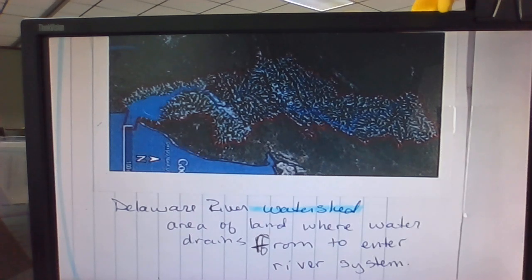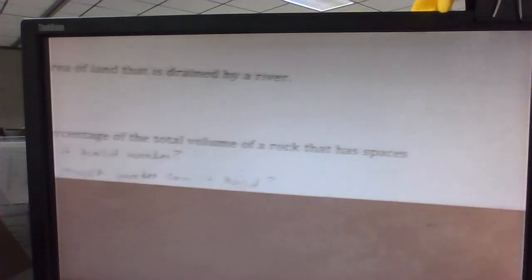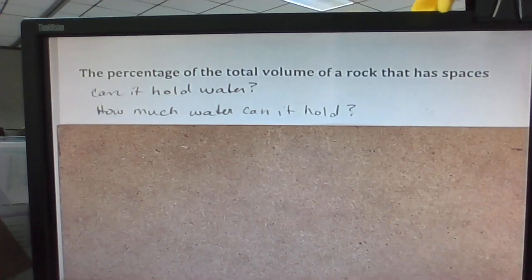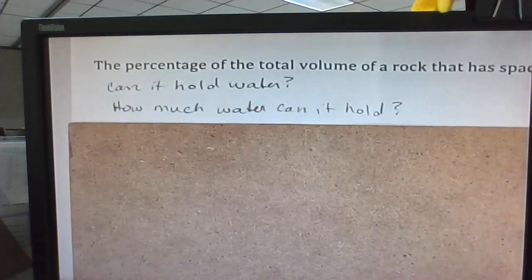So rocks can have pores, they can have spaces as well. When you're calculating or looking at the value of porosity within a water or soil sample, the questions that you're looking at is, first of all, can it hold water? And next, how much water can it hold?